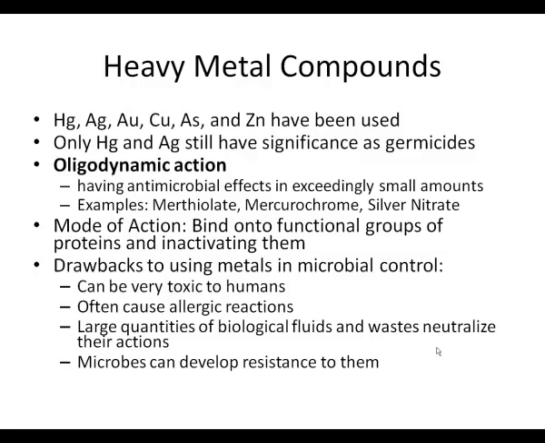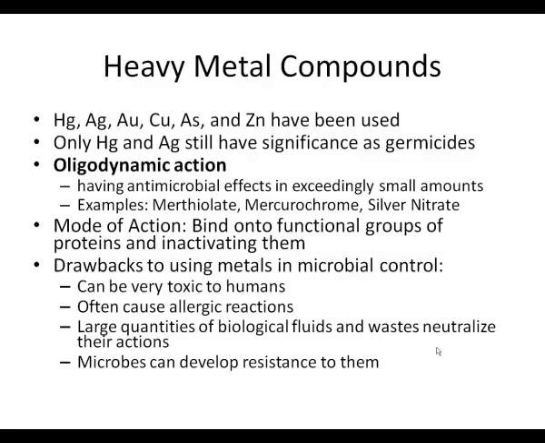Basically, they are going to have an effect in an exceedingly small amount. We don't have to use very much of it to cause an antimicrobial effect. Oligo means small, okay? Some examples of these heavy metals that have this effect are merthiolate, mercurochrome, and silver nitrate.